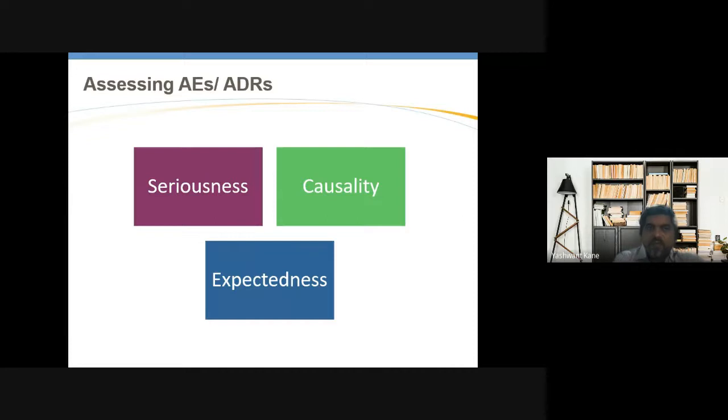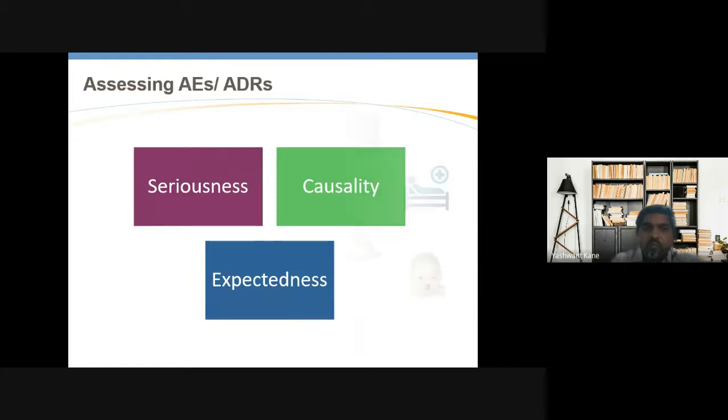What is seriousness? Whether the event is serious or not. To term the event as serious, there are criteria. Causality: there are causality scales laid down by Naranjo. There are various scales of causality. Expectedness: is it due to the product or not? Determining that field is called expectedness.